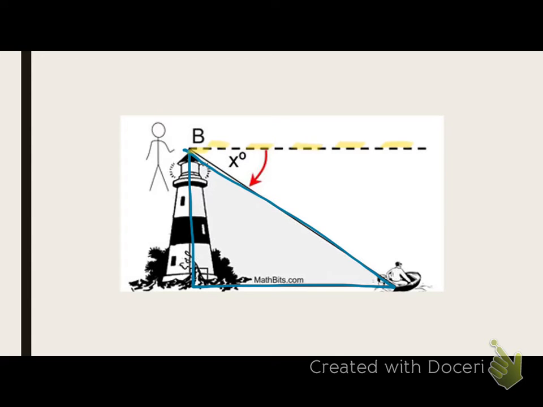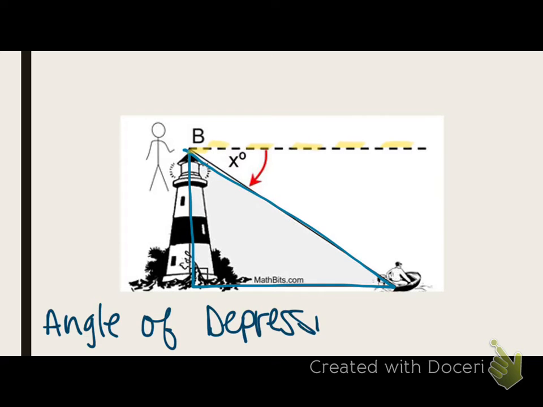So this is what it would look like in pictures. If it mentions angle of depression, here's what I need you to know about the angle of depression. The most common mistake is that people think that this is the angle of depression. But remember, the angle of depression always has to have one kind of ray, and it always has to be a horizontal ray.